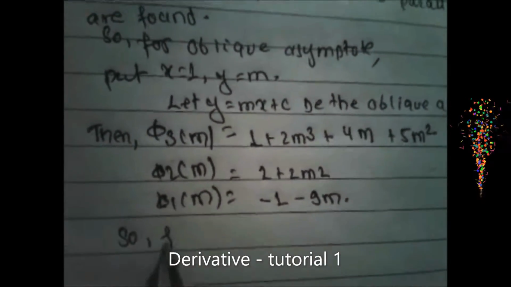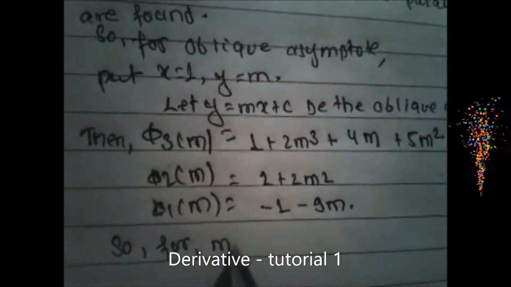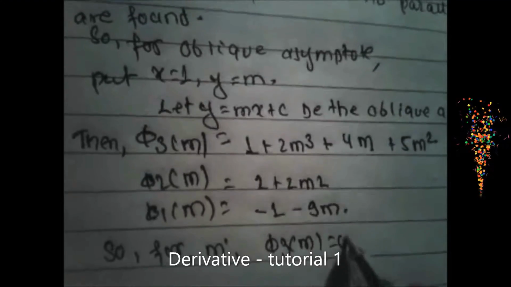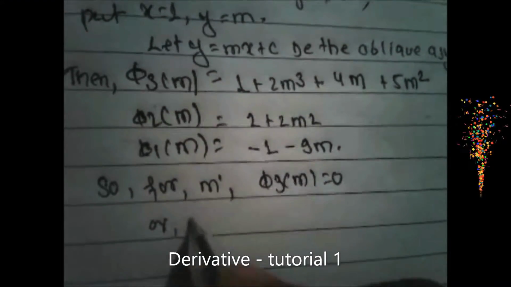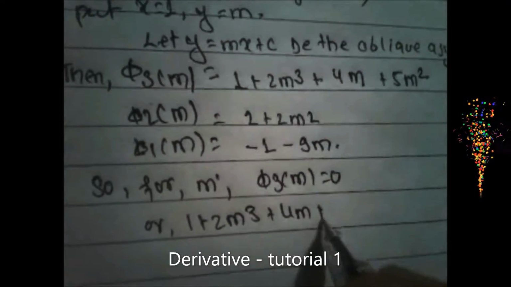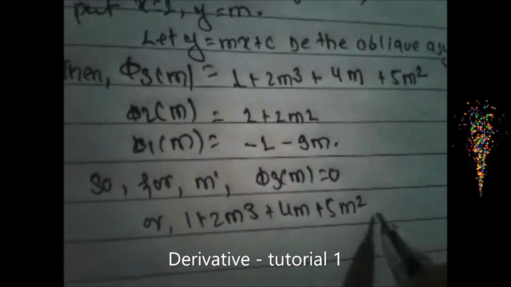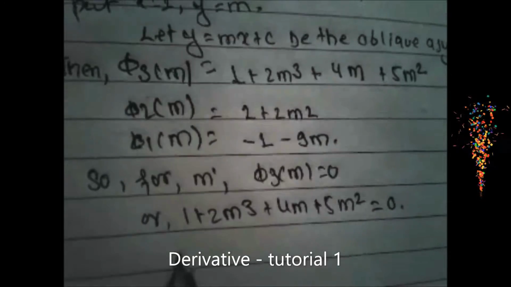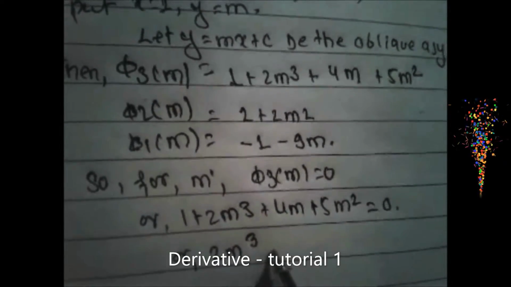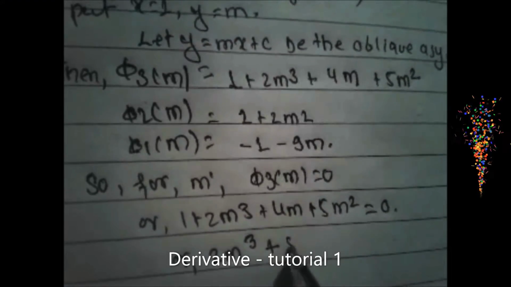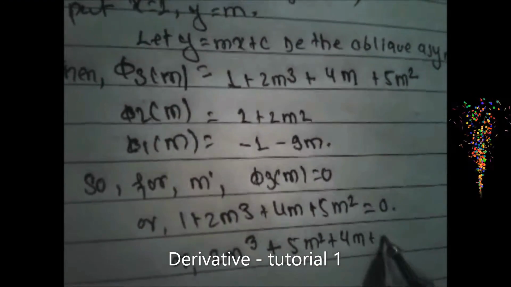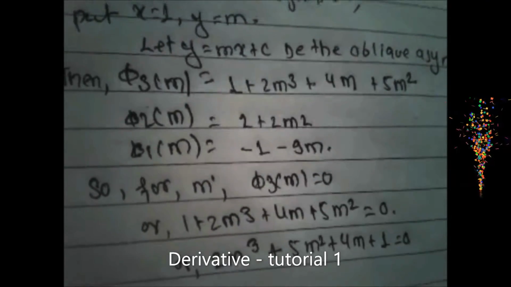So to find the value of m, we have to do phi 3 of m is equal to 0, or 1 plus 2m cube plus 4m plus 5m square is equal to 0, or 2m cube plus 5m square plus 4m plus 1 is equal to 0.